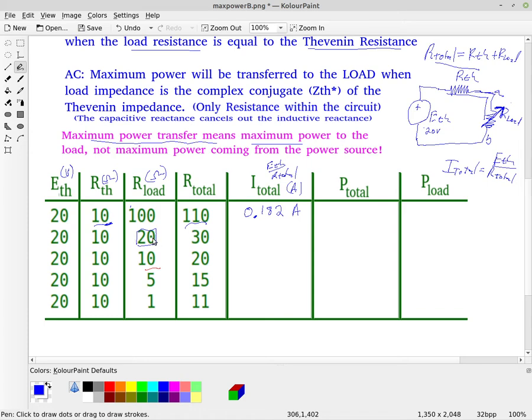In the next case, our load is 20 ohms, so our total resistance is 30 ohms. If we calculate our current, it's 20 divided by 30, or 2/3, which means it's 0.667 amperes.